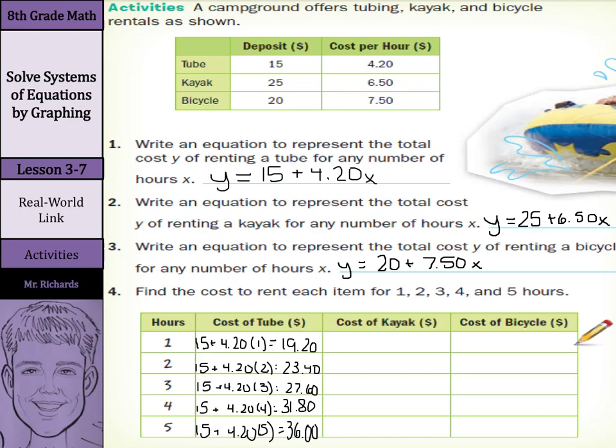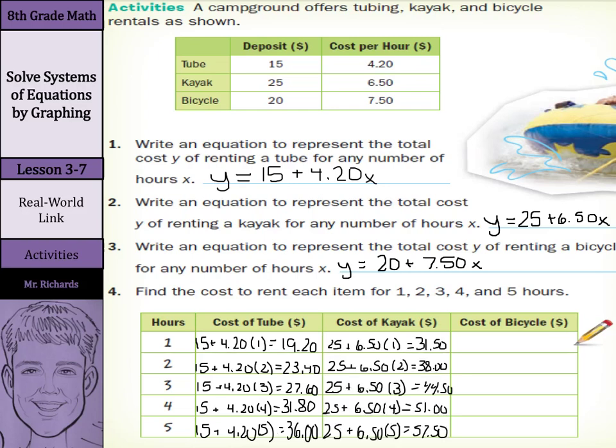For the kayak, we'll have the 25 plus $6.50 times, and you can go ahead and fill in the table here. And as we have that kayak row now filled in, you can see the 25 plus $6.50 times 1 was $31.50. $6.50 times 2 plus 25 was $38, times 3 and adding $44.50, $51, and $57.50.